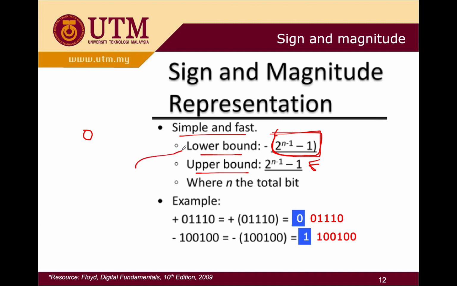But for a signed number, the lower bound is negative 2 to the power of n minus 1, where n is the total number of bits. For unsigned, the range is 0 to 2 to the power of n minus 1. But for the signed number, the minimum is minus 2 to the power of n minus 1, and the upper bound is 2 to the power of n minus 1, minus 1.